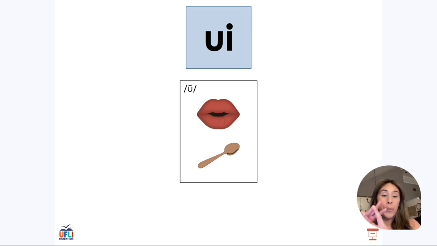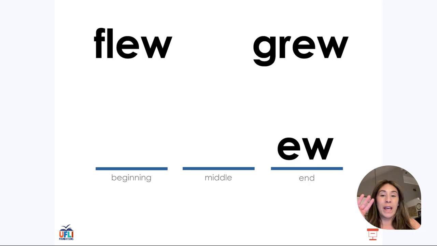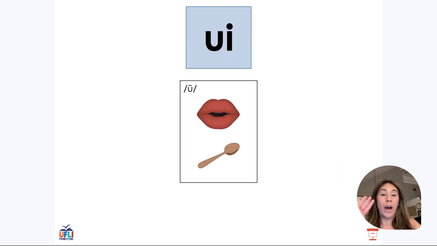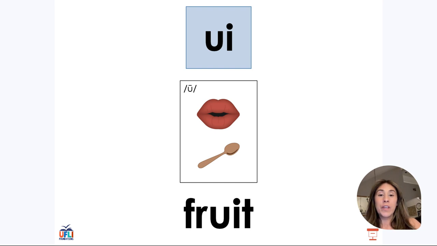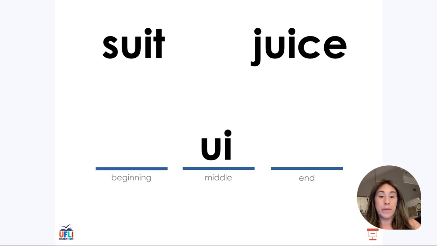We have OO, we have EW, and now we're talking about UI. So all 3 of those patterns will make that long U sound like ooh, as in spoon. UI can be found in words like fruit, and UI will be located in the middle of a word, like in suit or juice.